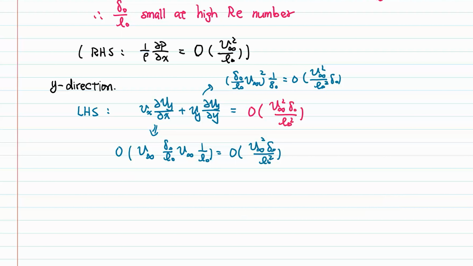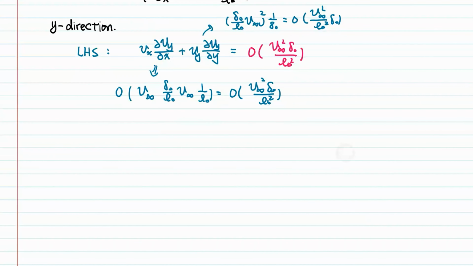That's for the left-hand side. Now let's look at the right-hand side. Looking at the viscous portion, we have the order of the kinematic viscosity times partial square Vy partial x square plus partial square Vy partial y square.